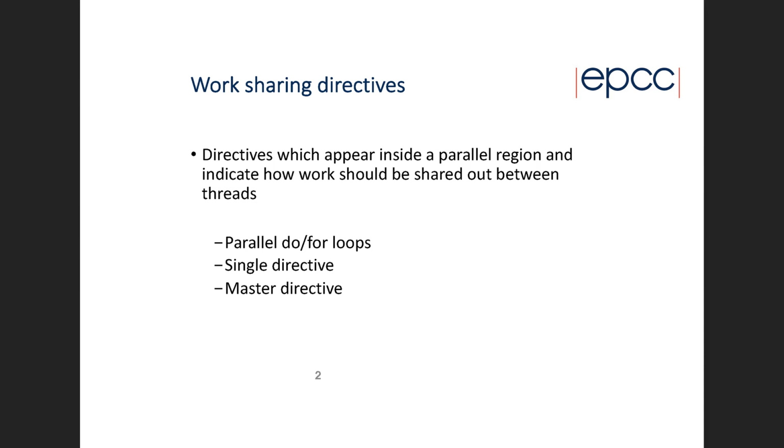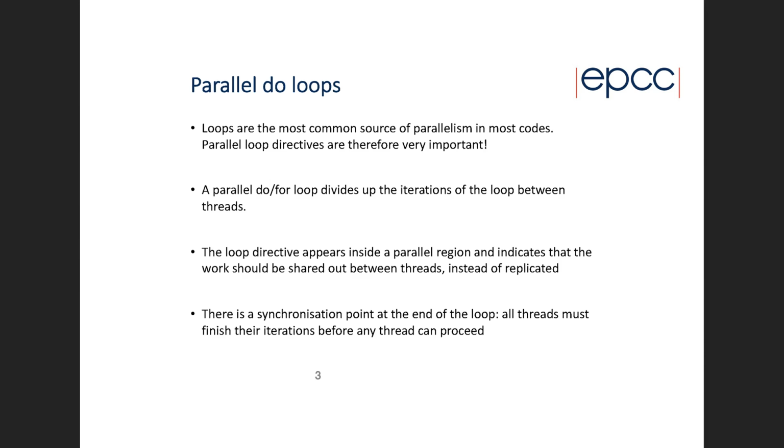So as I said before, loops are the most common source of parallelism in most codes. So parallel loop directives are very important and probably what you will use OpenMP mostly for, at least to begin with. So a parallel do or for loop does what you expect.